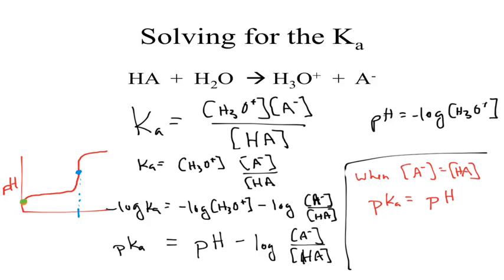The half equivalence would be half that amount. I would now go up to my curve. The pH at that point happens to equal the pKa.